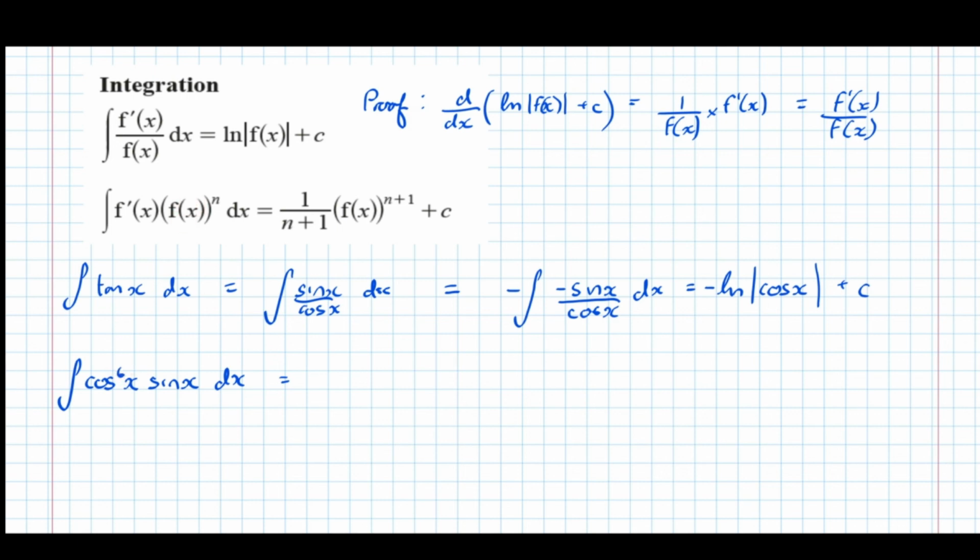I can make it more obvious by rewriting it as sin x times cos x to the power of 6 dx. So wrapped in the power of 6 bracket is cos x, so n equals 6. And the differential's at the front almost, because the differential of cos x is minus sin x. So it looks right if I put that minus sign at the front.